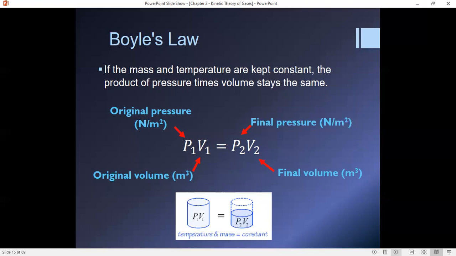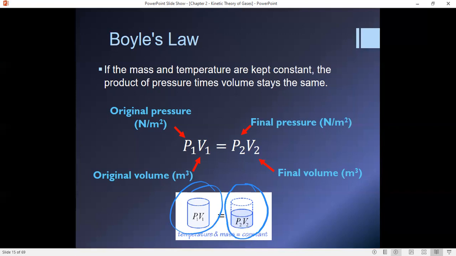So we can imagine two different gases. Let's take a look at the gas in this container right here. We see that the volume is large, so for a given temperature, we would expect the pressure to be lower. If I cut the volume in half, then I have to double the pressure.